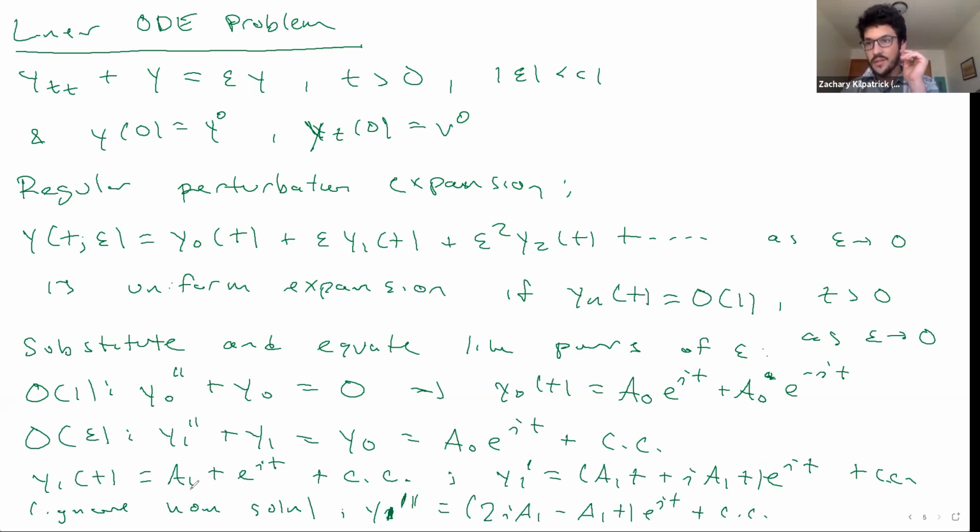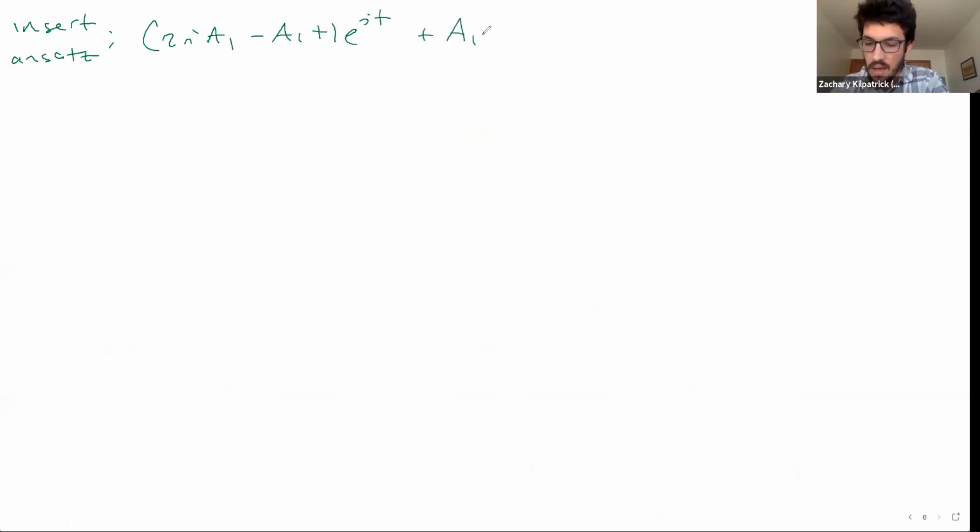The main point is we have this resonance now, which is going to have us run afoul of this regular perturbation expansion at some point. So if we insert our ansatz, right, we can get (2i A1 - A1 t) e^(it) + A1 t e^(it), plus their complex conjugates, equal to A0 e^(it) plus complex conjugate.